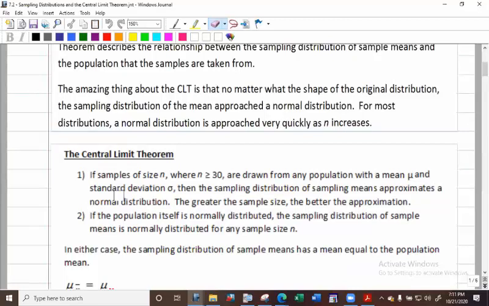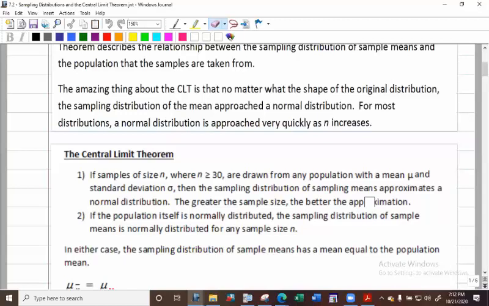If you take all those possible x bar values from every possible sample that you could take from that population, it would plot out to look like a normal distribution, or close enough that we can treat it as a normal distribution. The greater the sample size, the better the approximation.